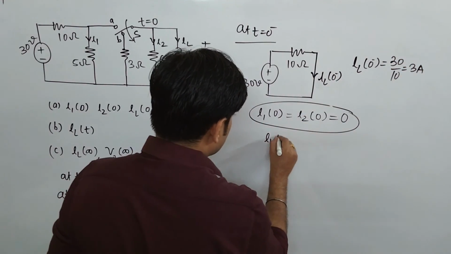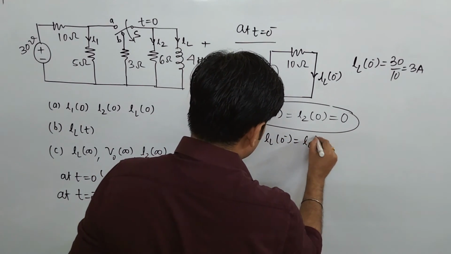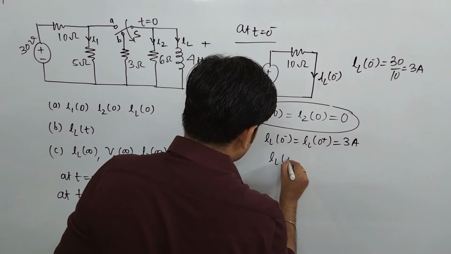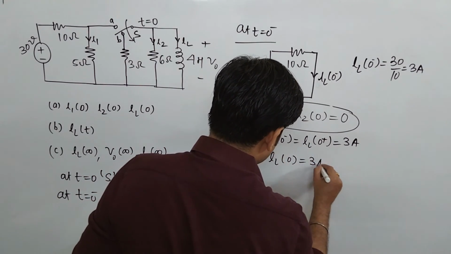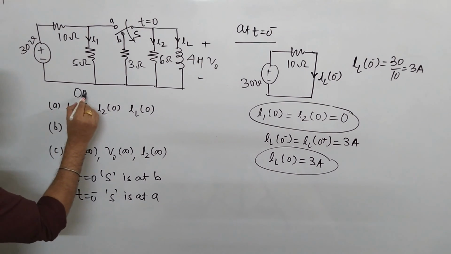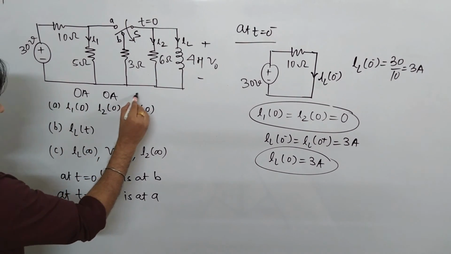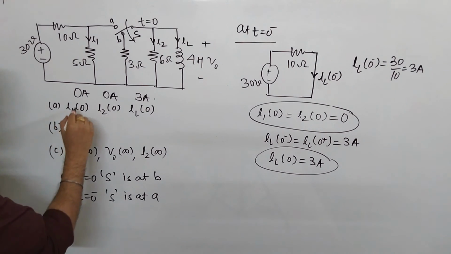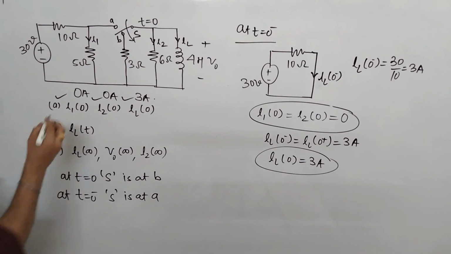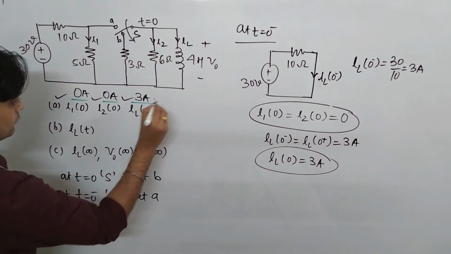So you can say that IL0 negative and IL0 positive is equal to 3 ampere, that is the initial current. So from here this value comes to be 0 ampere, this value comes to be 0 ampere, but this value comes to be 3 ampere. Very important.